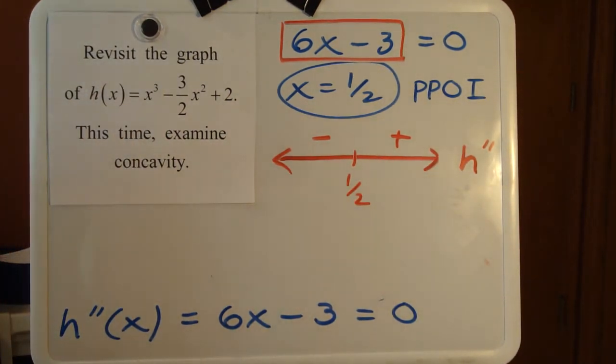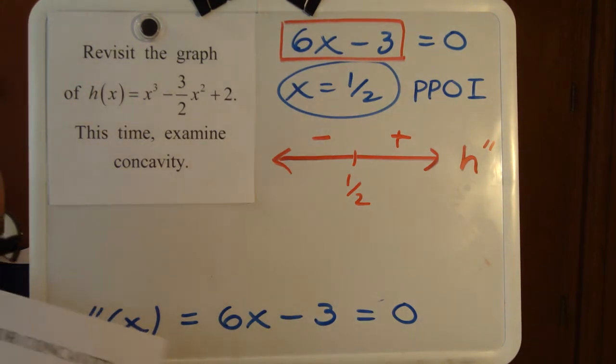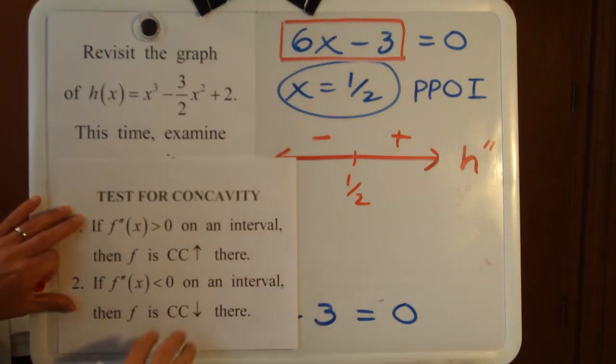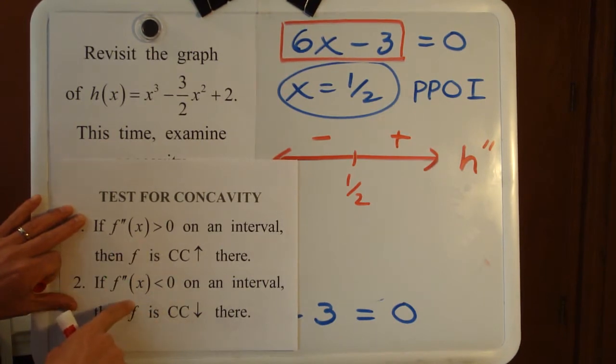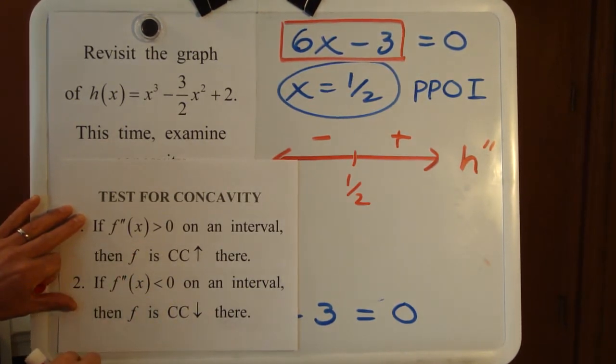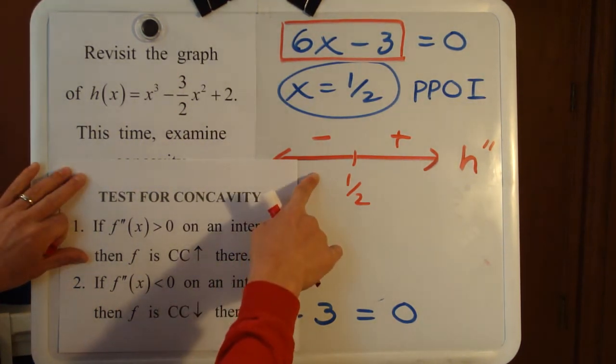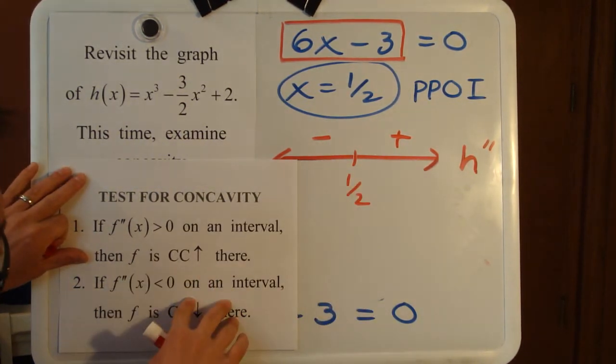And remember, going back to our earlier result, I'll put this up here so we can see it: it is the sign of the second derivative that tells you concave up or concave down. So you can see we have downward concavity here, upward concavity there.